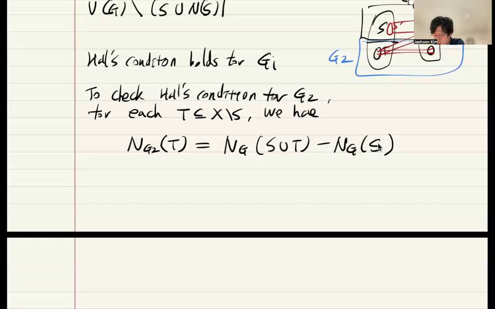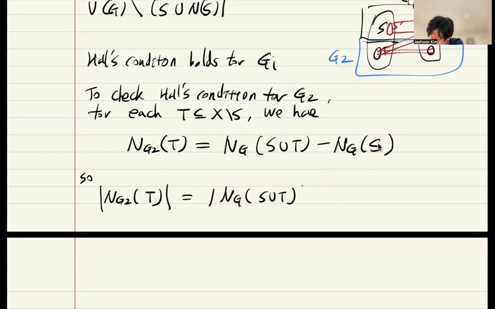Then what do we get? The size of the neighborhood of T in G2 is the same as: in the original graph, you take S and T, take the neighborhood, and then subtract this.